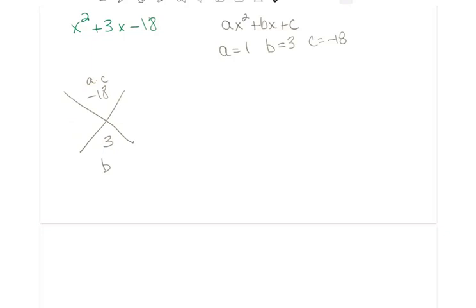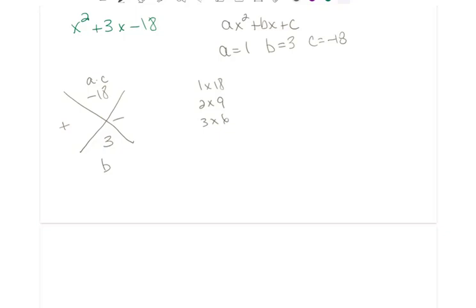So what option do I have in order to get a negative number? One's got to be positive and one's got to be negative, right? Now I'm going to look at my 18, and I'm going to list all the different factors in order to get 18. So I could do what? 1 times 18, 2 times 9, and 3 times 6.